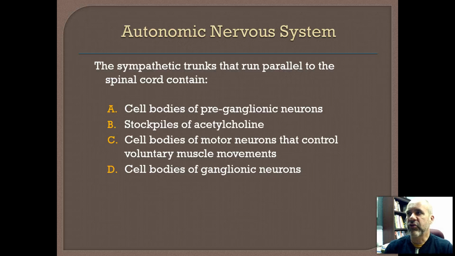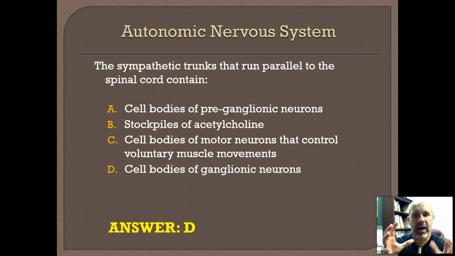The sympathetic trunks that run parallel to the spinal cord, go back and review the information on that. What do they contain? So I'll give you some time to read through the answers there. Cell bodies of ganglionic neurons. So your sympathetic trunk, remember a ganglion is an area outside the central nervous system where you have cell bodies located.